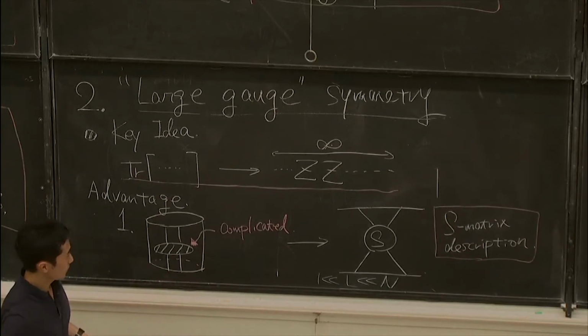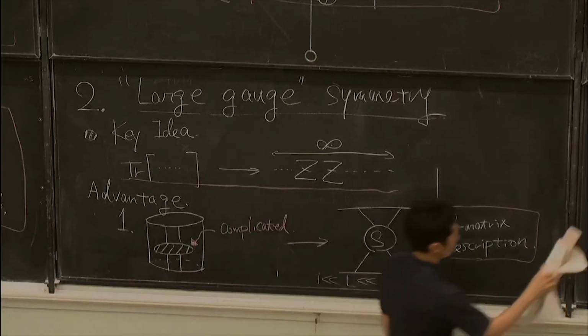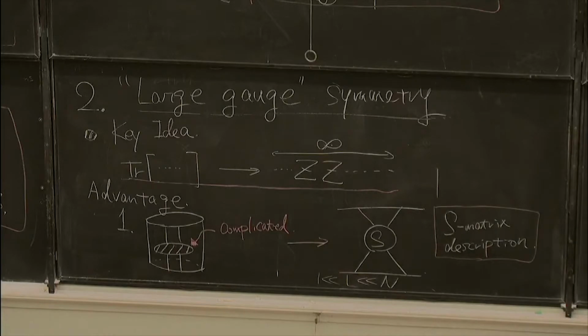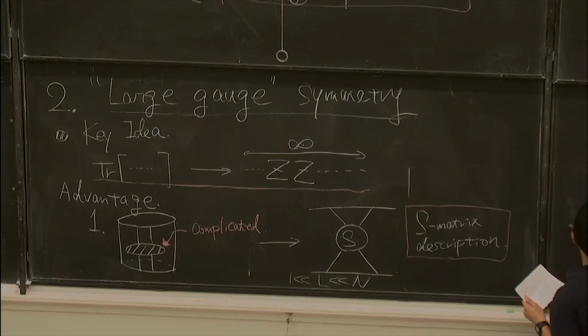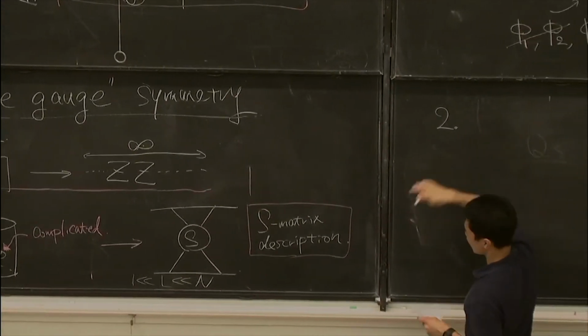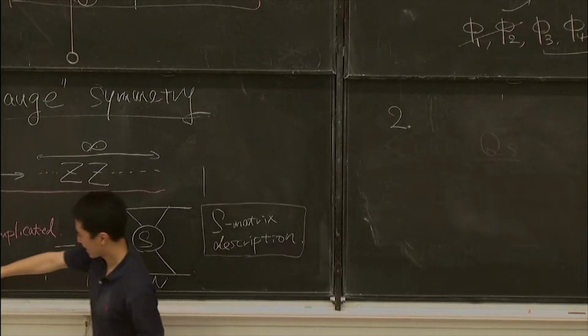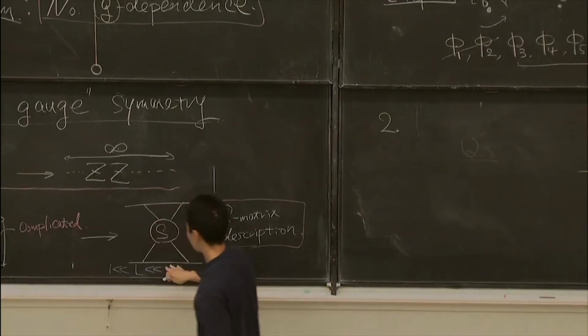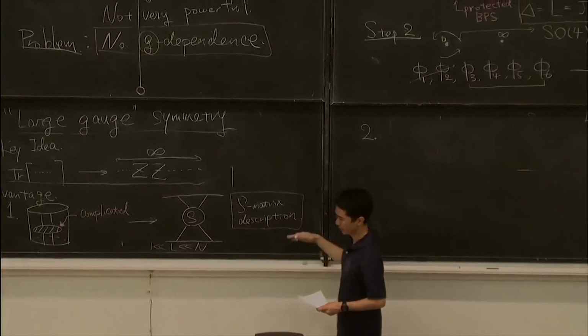And the second advantage, which is more important for us, is the following. If you consider an infinitely long chain, then some of the gauge symmetry which was acting on the cylinder becomes part of this global symmetry.